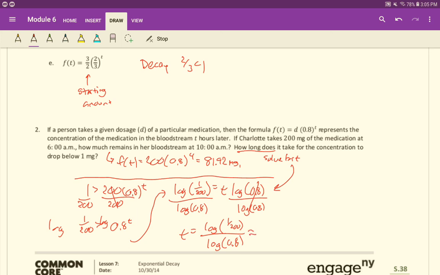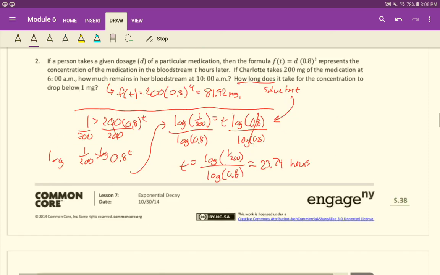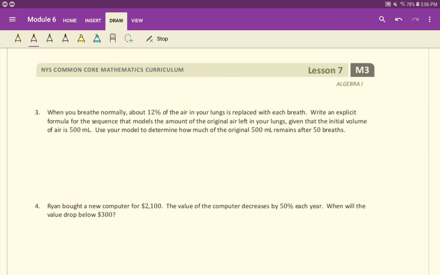But of course, we want some actual meaning behind that, so we'll type that into our calculator. Again, when you're typing this in, make sure you close that parenthesis in the numerator. And I get about 23.74 hours. So almost 1 day later, it's almost completely gone from our blood. All right. In the next video, we'll take a look at the next questions here.